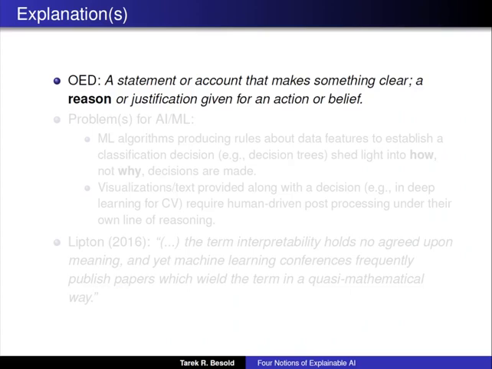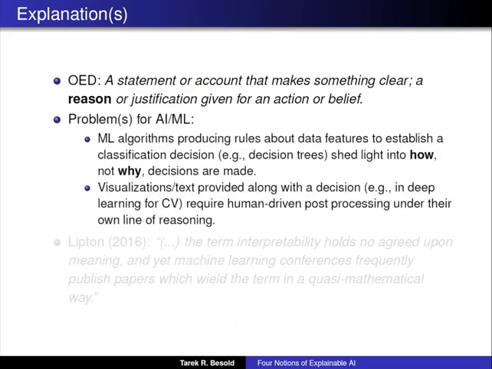You might notice this is either a Don Quixotean or a Lewis Carroll type of question, but hey, these are fun, right? What is the standard go-to if no one has an answer? Well, at least for a second language speaker, the Oxford English Dictionary. So, an explanation is a statement or account that makes something clear, a reason or justification given for an action or belief. This is clearly completely unsatisfactory, but better than nothing.